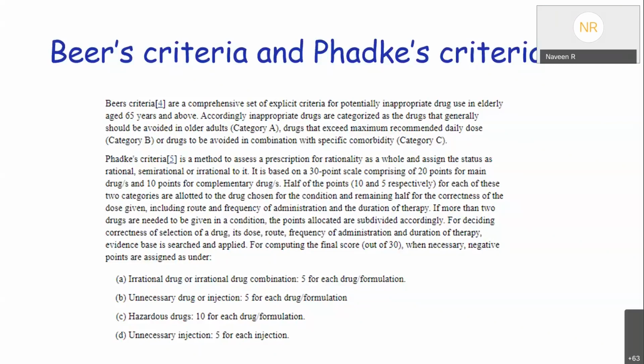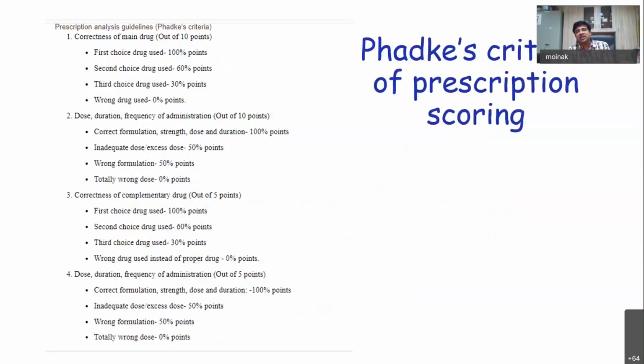So this is the Phadke scoring system, which looks at 4 main categories: the correctness of the main drug, the dose, the duration, frequency. Then the third point is correctness of the complementary drug, and the dose, duration, and frequency. Based on these, they see whether the prescription is correctly written or not.